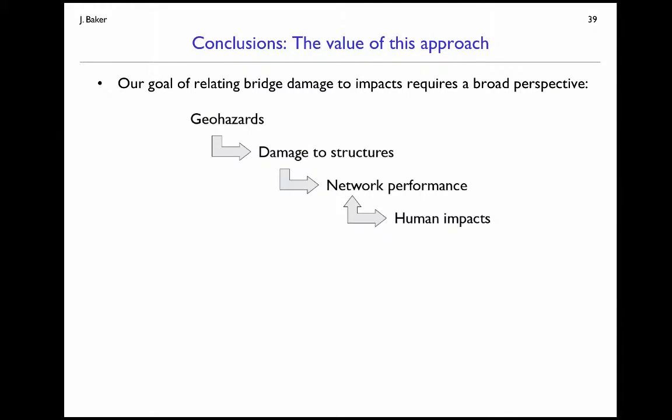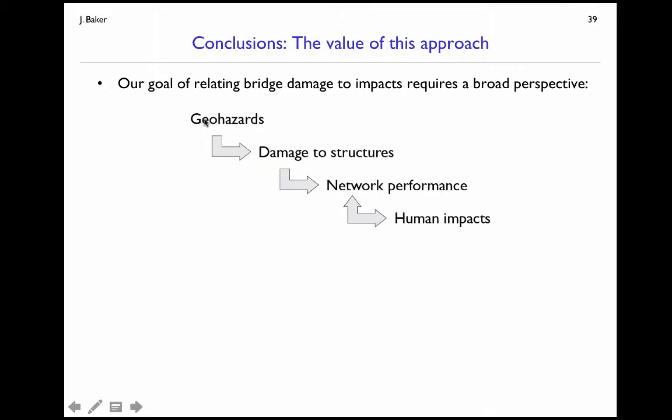Okay, so to start concluding, I'll note that when we want to think about bridge impacts and impacts of bridge damage, I think that it's most usefully thought about in a broad perspective. So rather than just thinking about how damaged this bridge will be under a given earthquake scenario, we'd like to back up a bit and say, well, let's model geohazards generally, in this case earthquakes, and specifically earthquake shaking, but we can broaden that out a little bit.